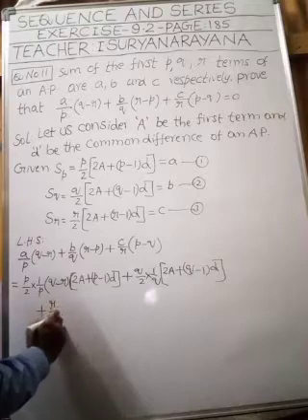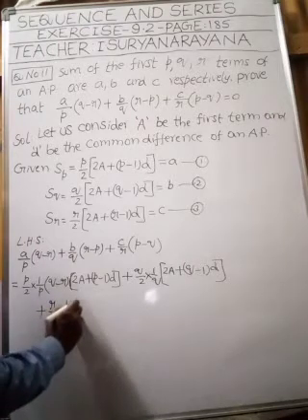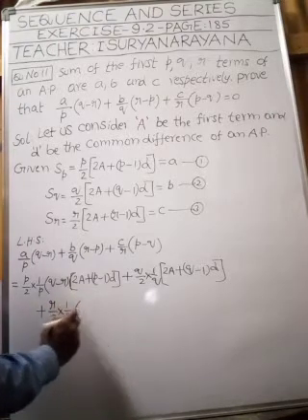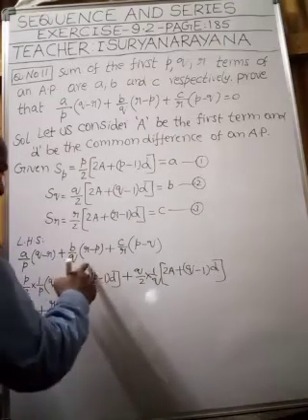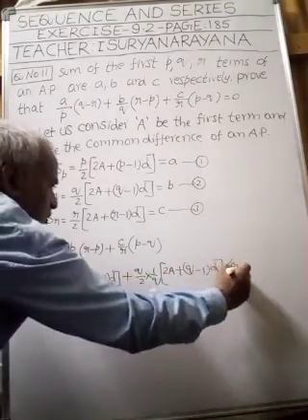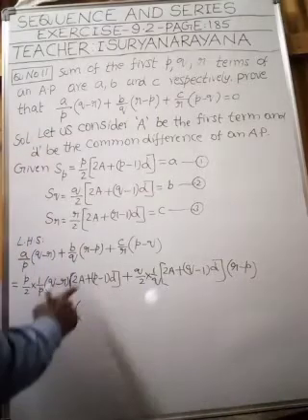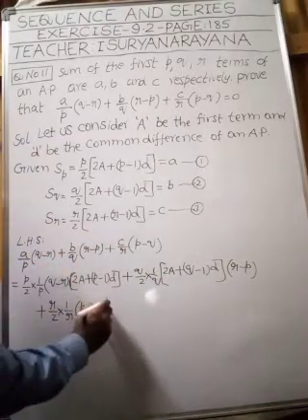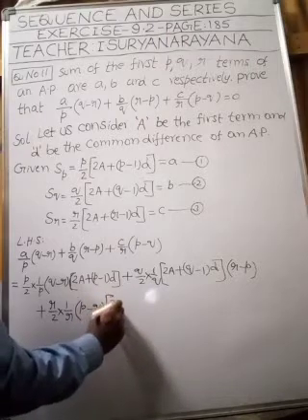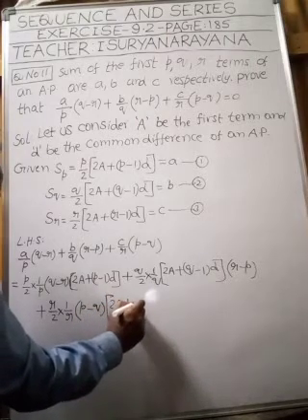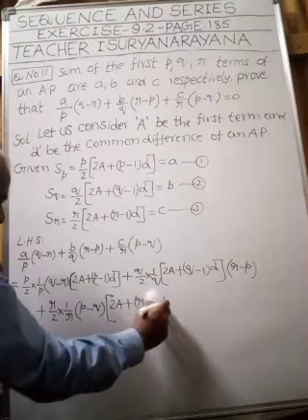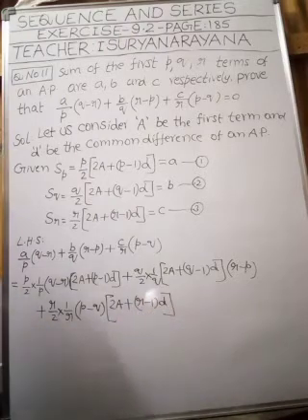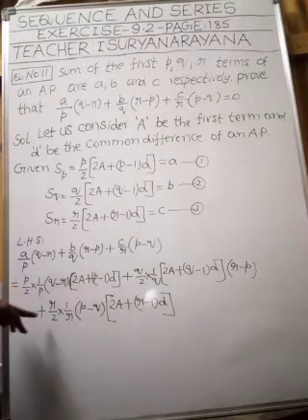So R by 2 into 1 by R into P minus Q into 2A plus R minus 1 into D. Understood this third term?